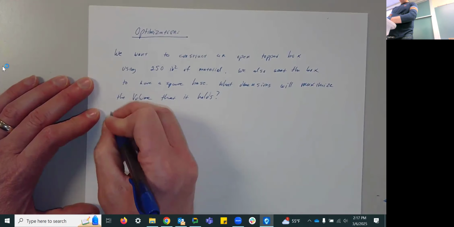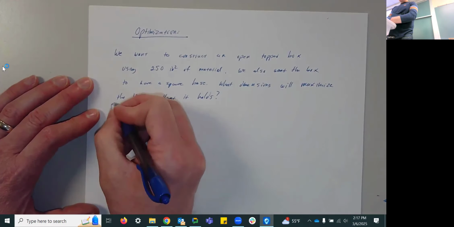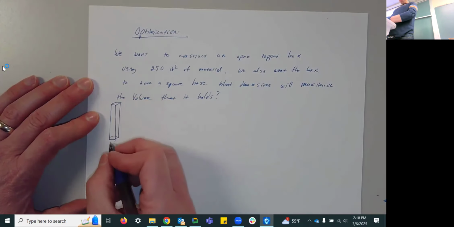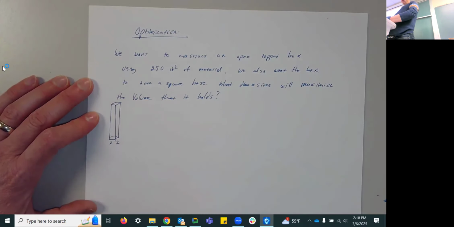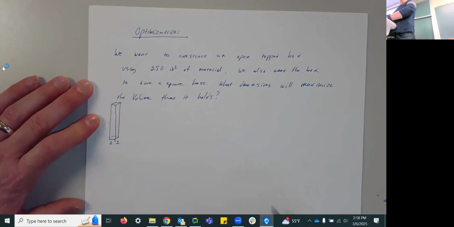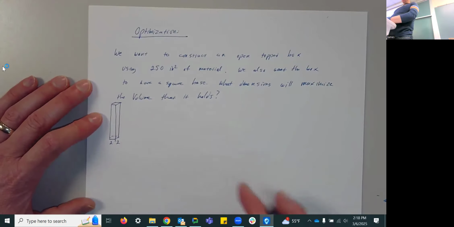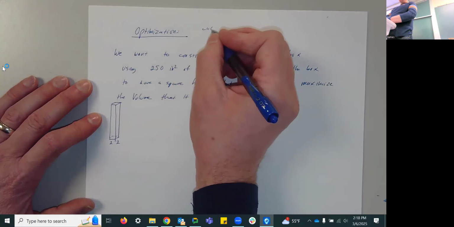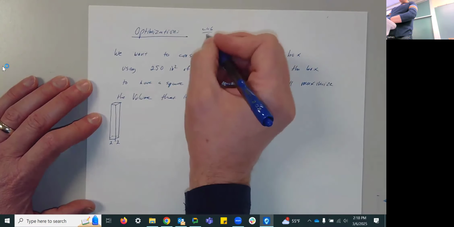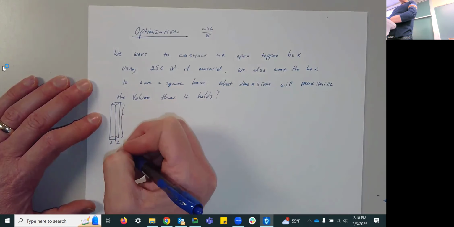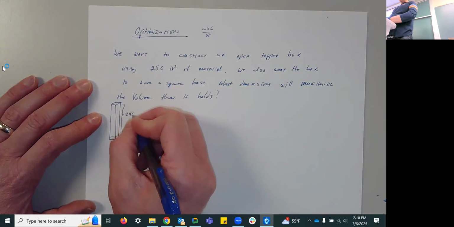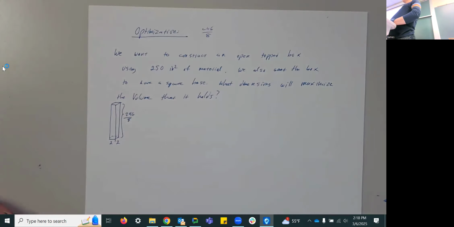I could draw a box that was super tall, with a 2-inch base and a height of about 246 divided by 8, whatever that is. Because if you multiply all those numbers together, the surface area would be 250.